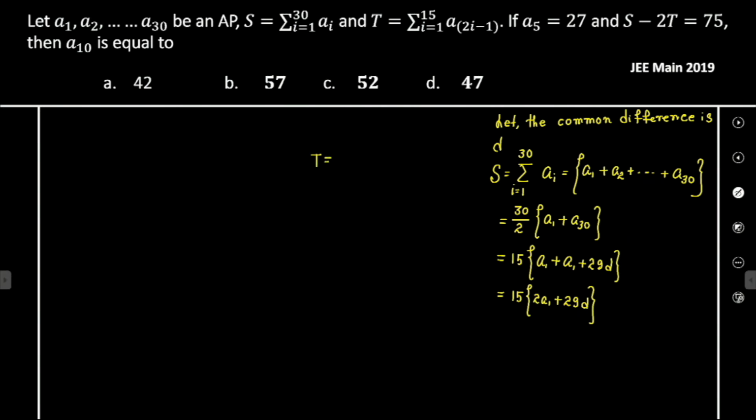T is equal to the summation of i equals 1 to 15, so obviously 15 terms are there, and we have A(2i minus 1).